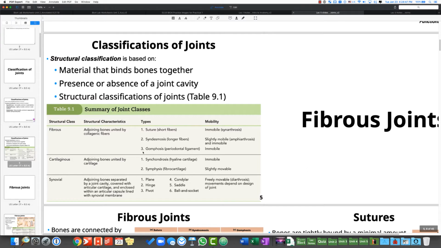Each subtype can be synarthrotic, meaning it's immobile, diarthrotic, meaning it's freely movable, or amphiarthrotic, meaning it's slightly movable.